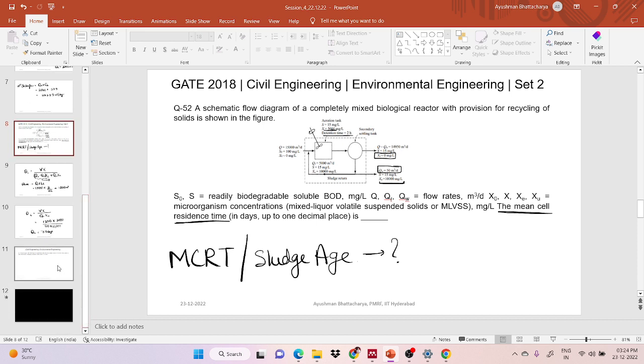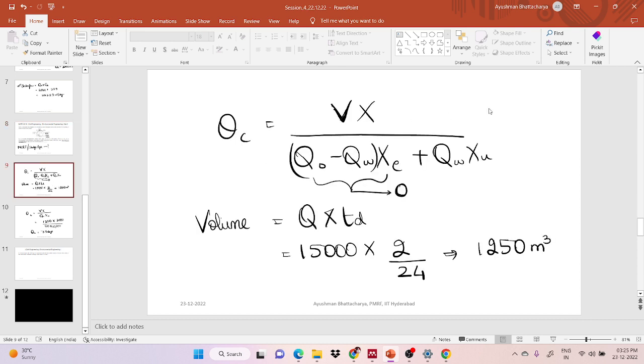Now again I will explain this. They have given one flow diagram in which they have mentioned everything regarding the inflow, outflow, how the substrate concentration is varying and how the MLSS concentration is varying. Now they have asked you mean cell residence time. Whenever they ask about the mean cell residence time, you should know this formula. Once you know this formula, we calculate the volume of the tank.